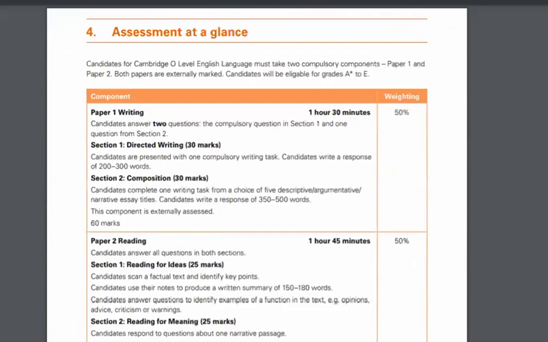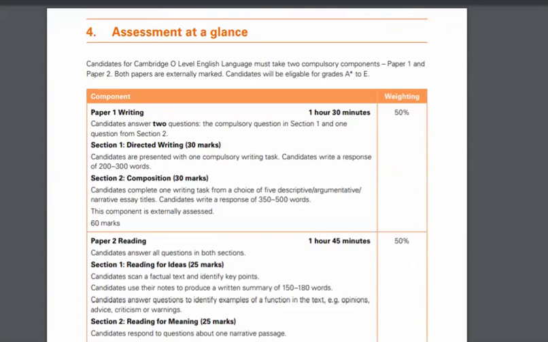This is the most important chunk in the whole of this syllabus. You are now going to have a look at the assessment, your examination paper.